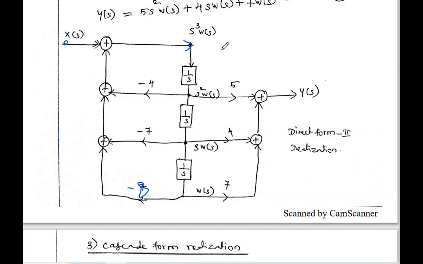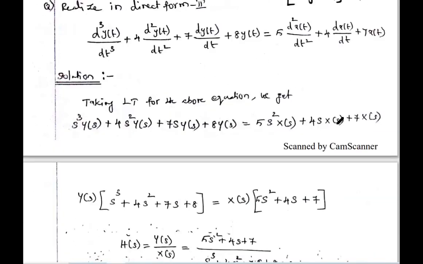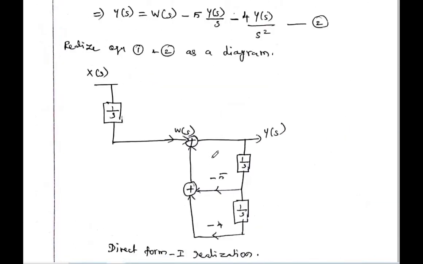If you are solving this problem in direct form 1 method, we needed 6 integrators, since in direct form 1 realization, as you already studied, you see this is the direct form 1 diagram. In the direct form 1 diagram, the integrator is used in the first one and the last one. In the center, we have to use the adder.